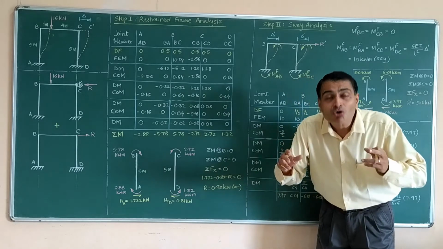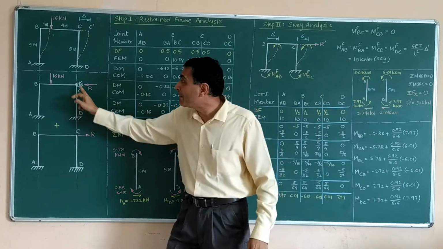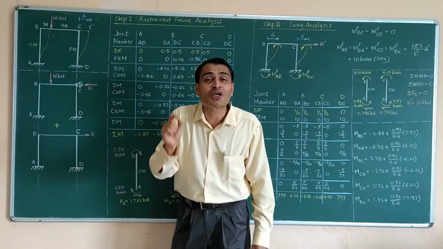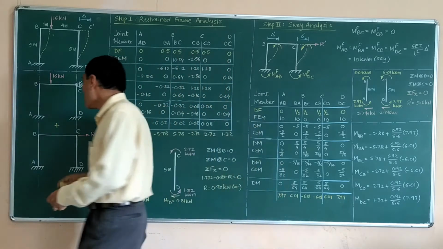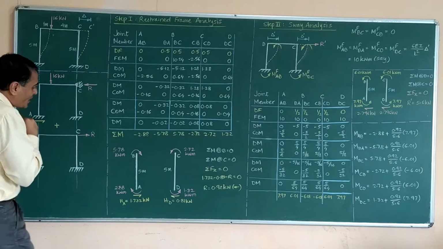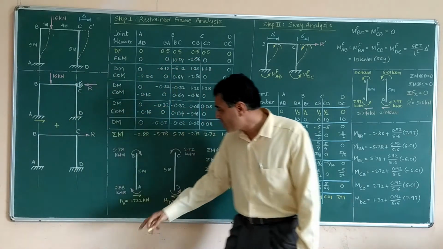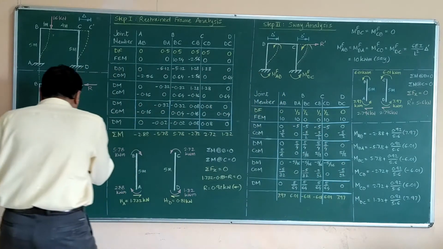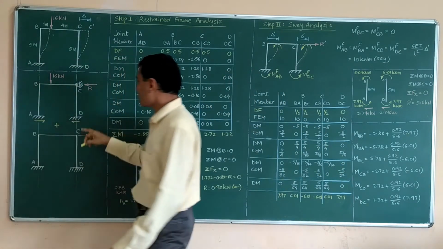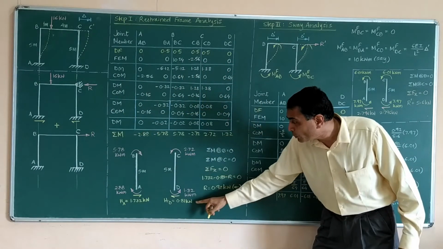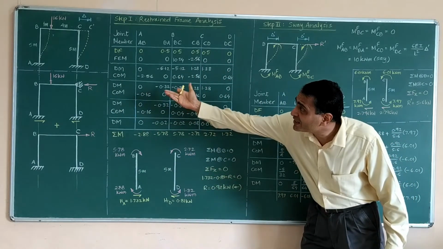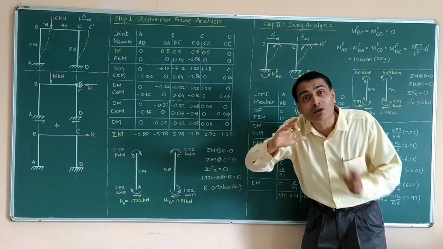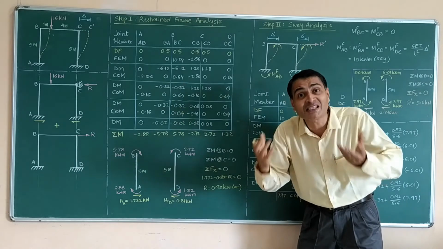And then for the entire frame, I apply sigma Fx equal to 0 because what we have found is our HA to be rightwards with magnitude 1.732 kilonewtons, our HD to be leftwards with magnitude 0.81 kilonewtons, and then there is R leftwards, which is stopping that frame from undergoing sway of delta.